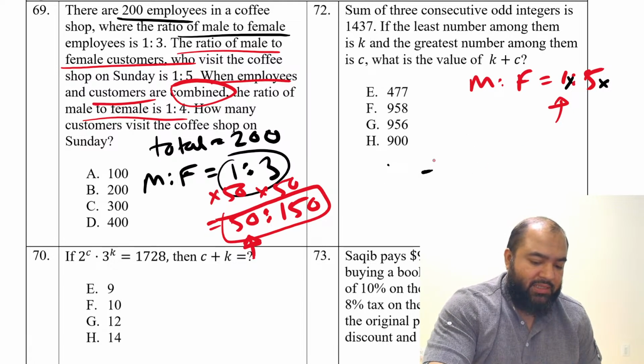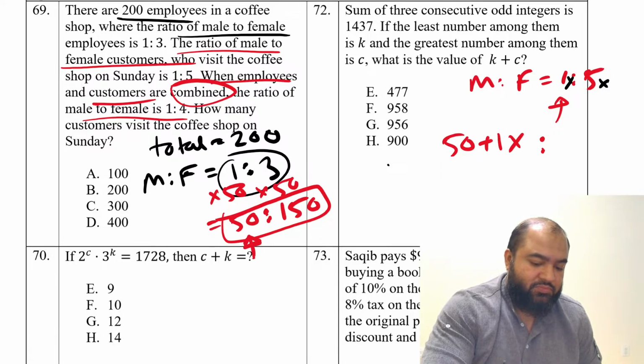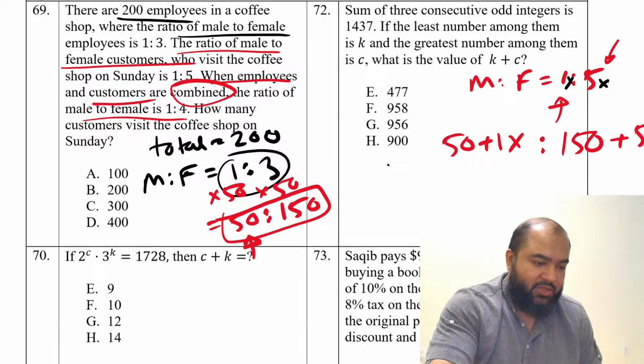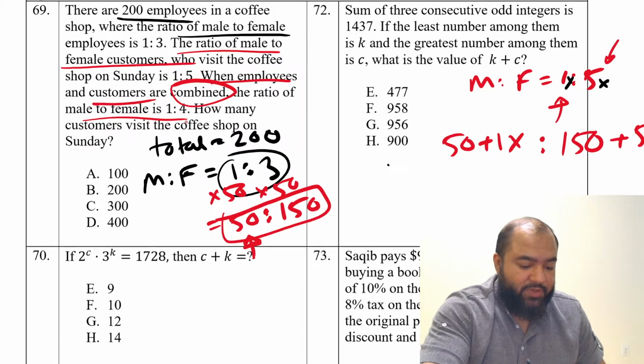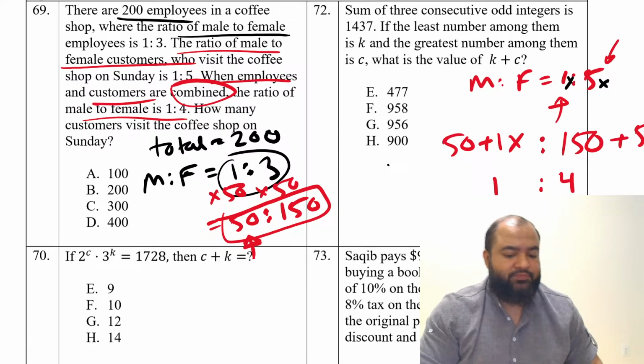So total male is 50 plus 1x. And total female is 150 employees and 5x customers. That's the ratio. And they said this should be equal to 1 to 4 if you combine.